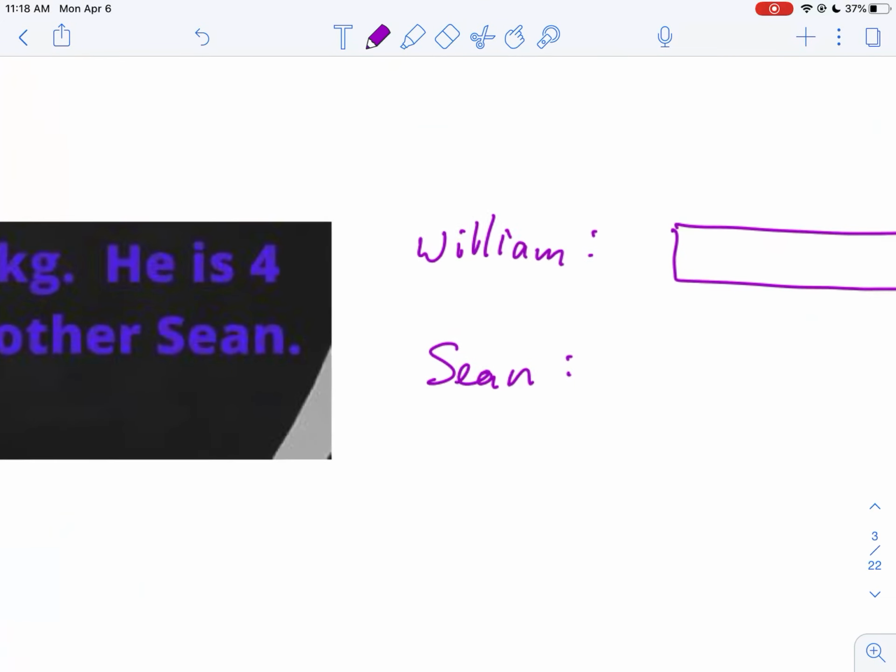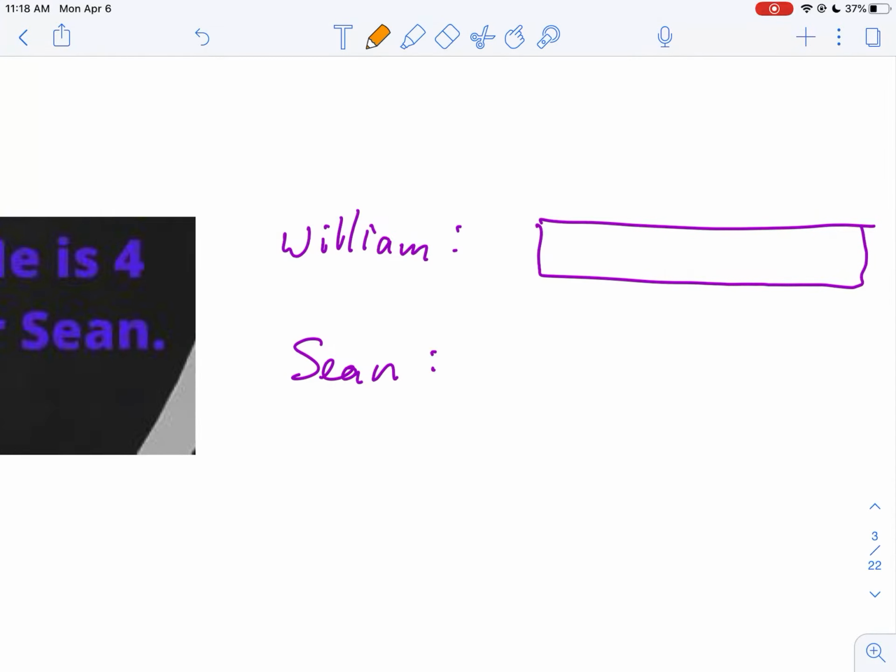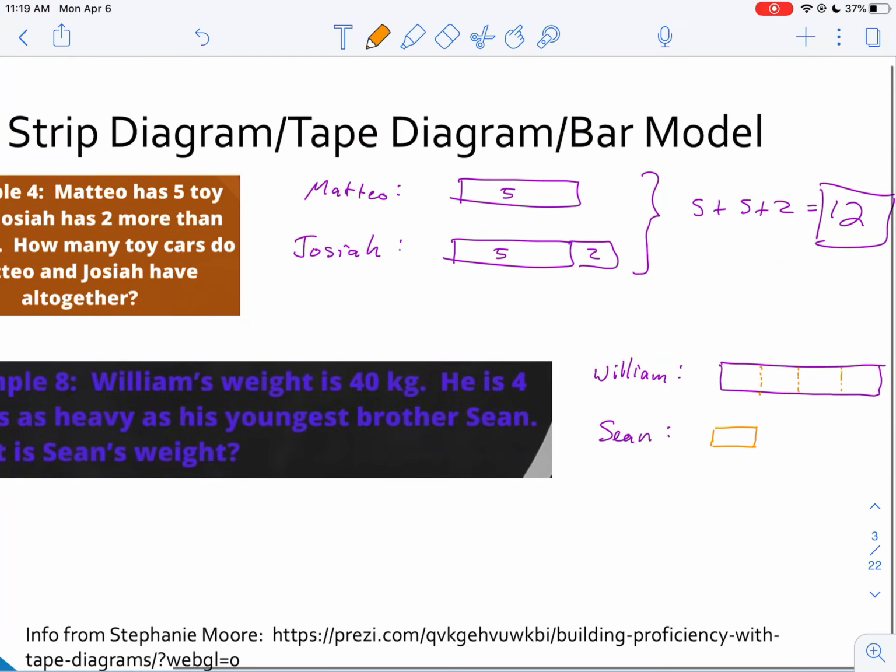Since William is 4 times heavier, we're going to have to break William's weight into quarters. So I'm going to cut it in half. Then I'm going to cut those halves in half again. That gives me quarters. So then I know that Sean's weight is 1 of those quarters.